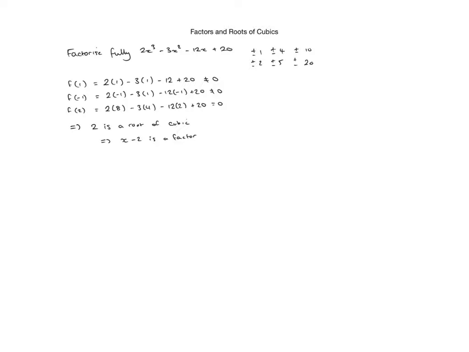So once you have a factor, that now means we can use polynomial division in order to divide it into this cubic. So let's do that next. What we now have is x minus 2, and we have 2x cubed minus 3x squared minus 12x plus 20.